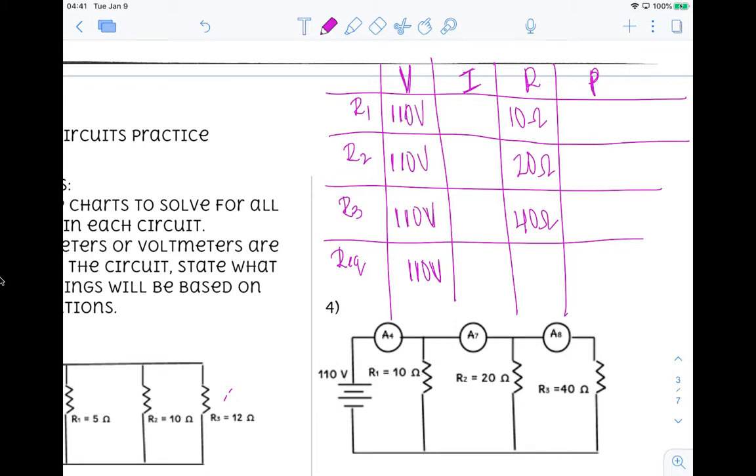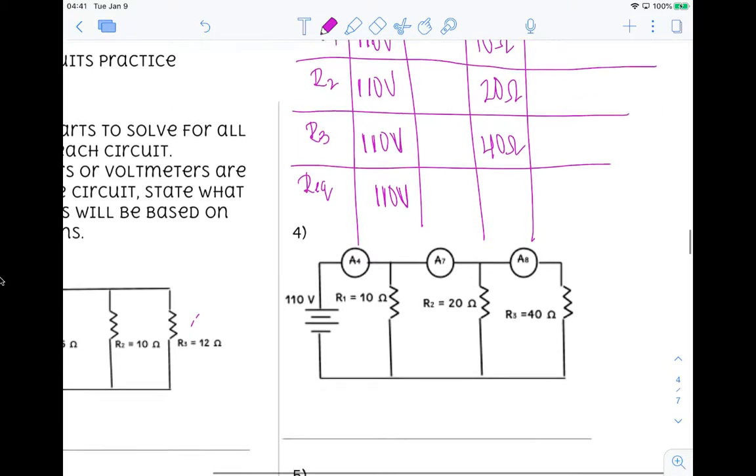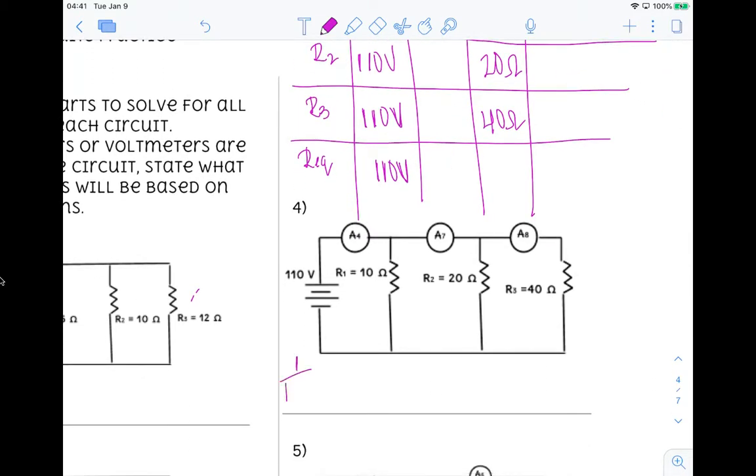I can then go ahead and solve for my total resistance. 1 over Req is equal to 1 over 10 plus 1 over 20 plus 1 over 40. If you solve for this, again, using parentheses as always, you end up with 7 divided by 40 is equal to 1 over Req.